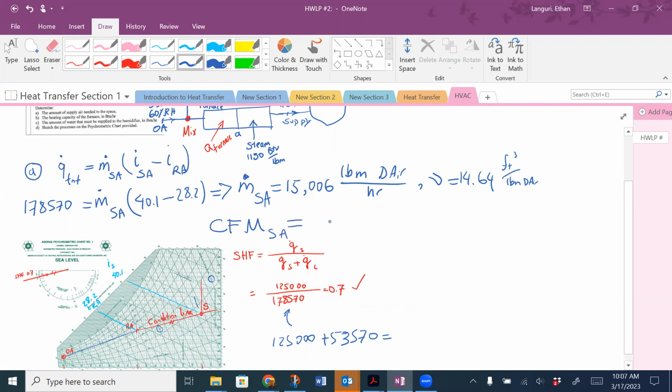That's equal to m dot, which is 15,006, times the specific volume, which is 14.64, over 60, and I get 3661 CFM.